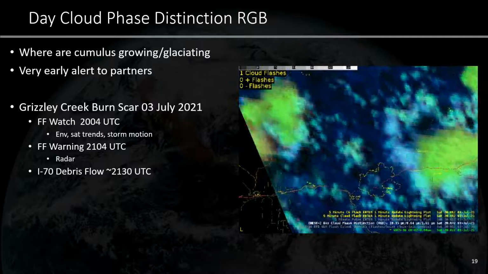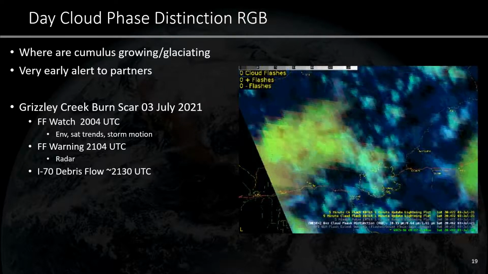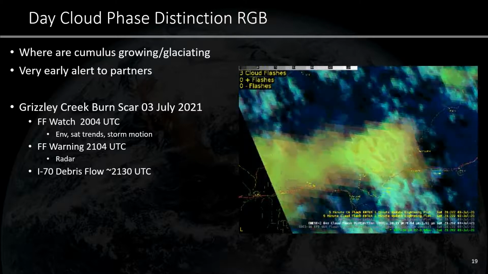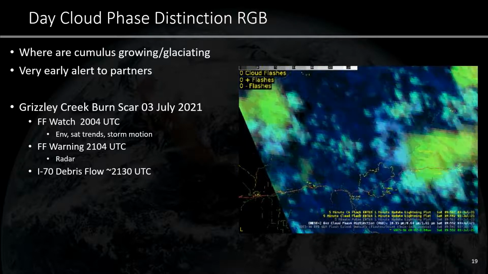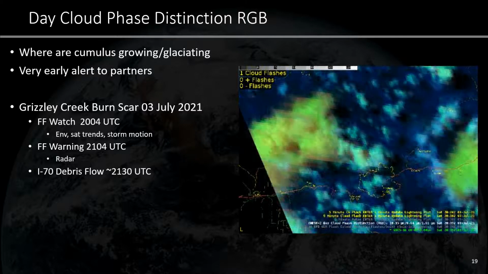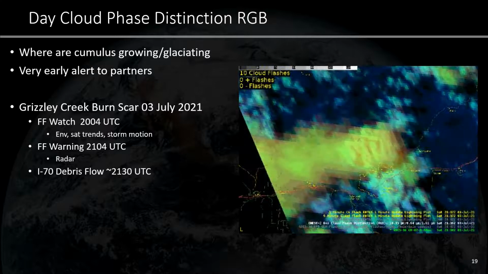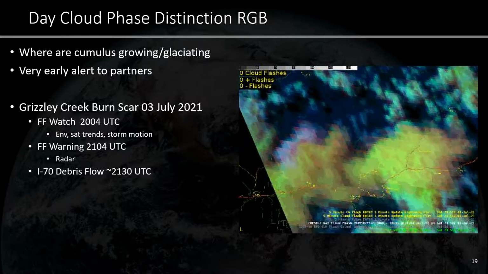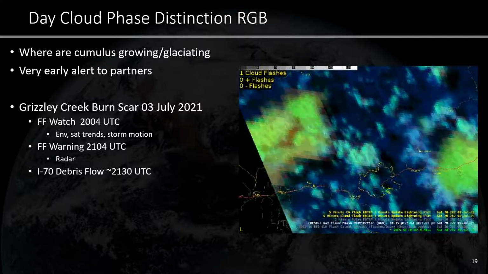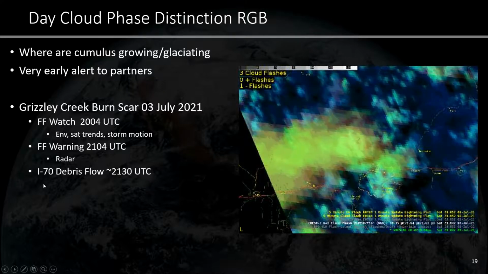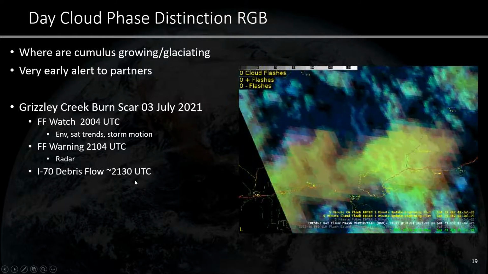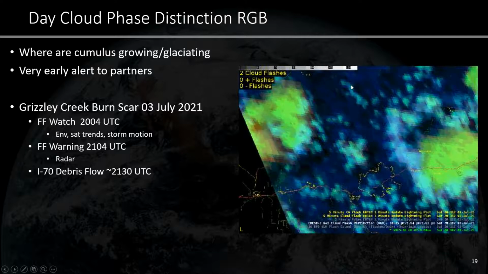Then again, if you have radar, that's going to be your decision maker, along with ground truth, issuing that warning roughly an hour after the watch. So pretty good lead time to their partners. And then a half an hour later, there was reported debris flow along I-70.